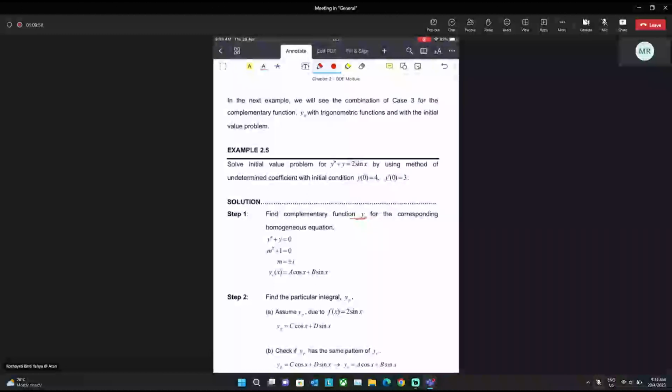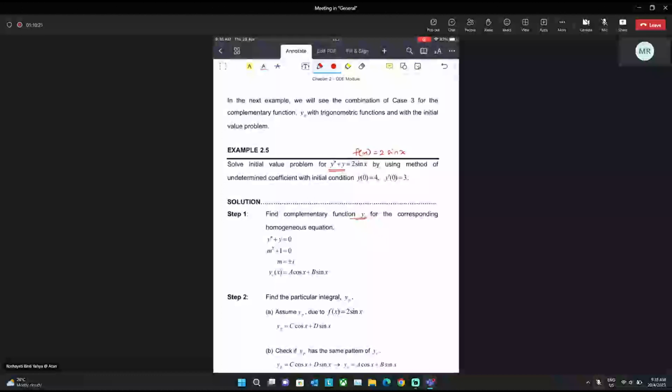So Y double prime plus Y equal to Fx equal to 2 sine X here. So use your calculator, you will get your root.